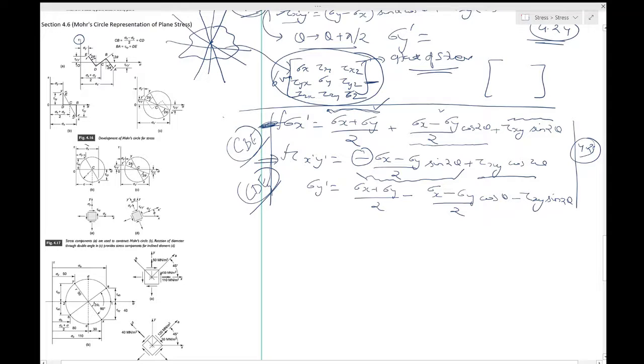You should be able to get the normal stress sigma y dash, which will represent the abscissa of point E, and the ordinate of E should give you tau x dash y dash. So that's how you have to graphically see this derivation.